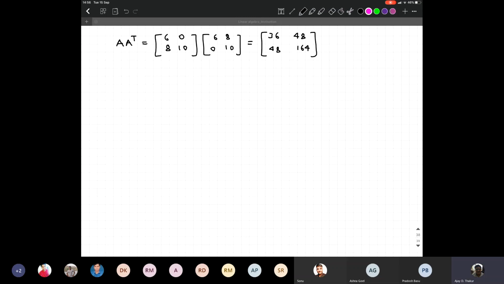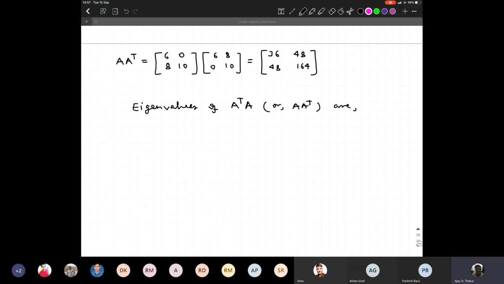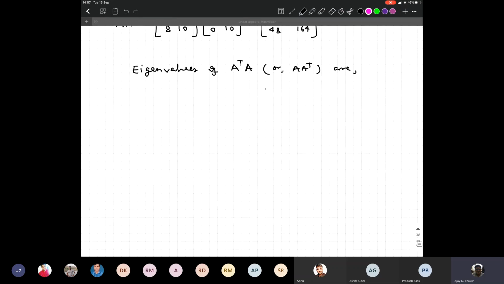So the eigenvalues of A transpose A or AA transpose, you can find by the method of determinant of A transpose A minus lambda identity equal to 0.